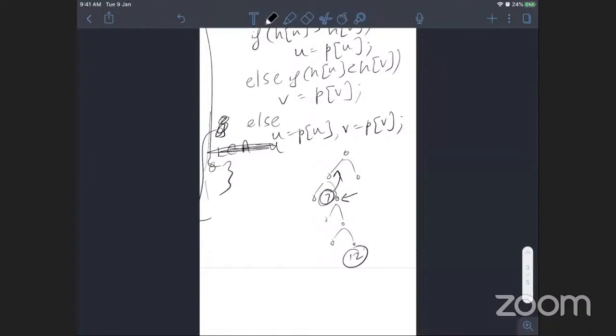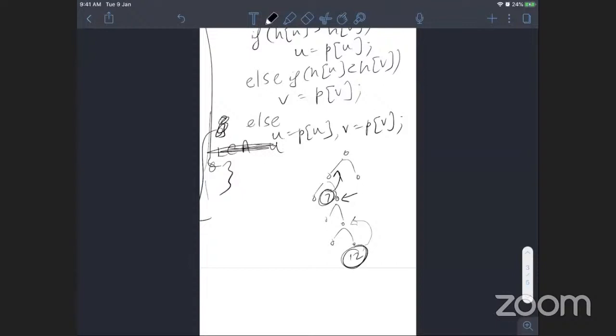For 7 and 12, who is the lowest guy who's common to both of them? 7 himself, right? So that's why you always move the deeper guy up, because if you move the shallower guy up, the problem is that you sometimes might skip the answer and go above the answer. By above, I mean you go above the height at which the answer can lie.